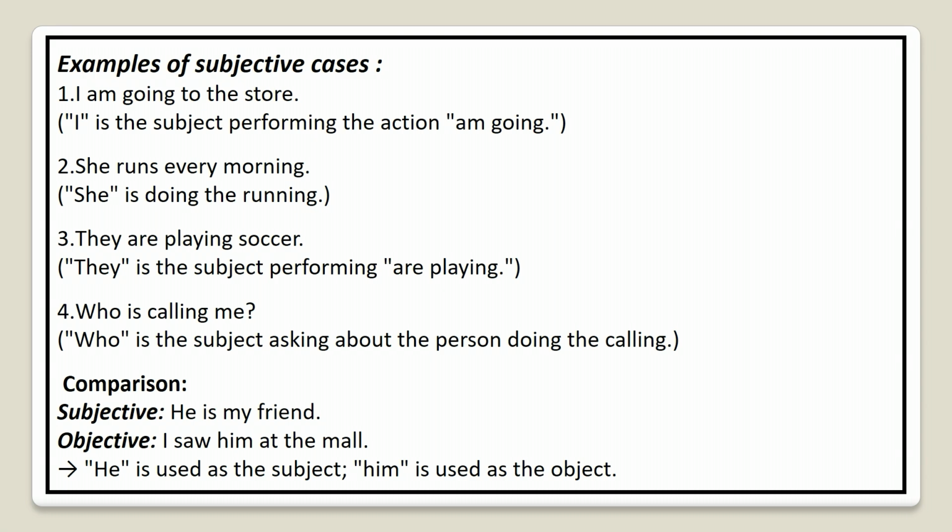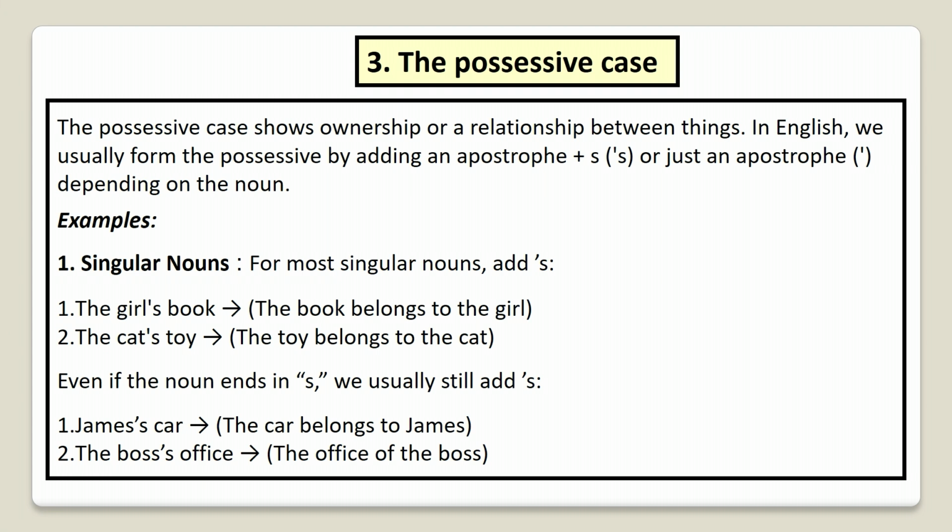The other case is the possessive case. How can we understand it? The possessive case shows ownership or a relationship between things. In the English language, we usually form the possessive by adding an apostrophe plus s, or just an apostrophe, depending on the noun. For most singular nouns we add apostrophe s.